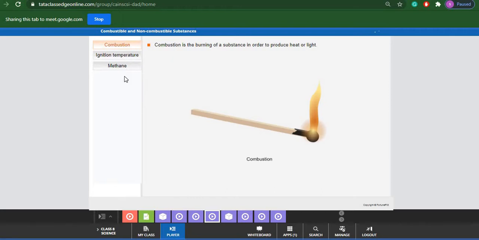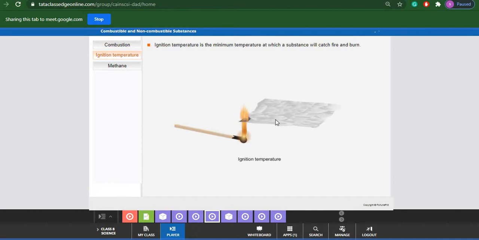A few things are mentioned here. The definitions. Combustion is the burning of a substance in order to produce heat and light. Please remember this thing. This is ignition temperature. Ignition temperature is the minimum temperature at which a substance will catch fire, or you can say burn. And it's needed, okay?